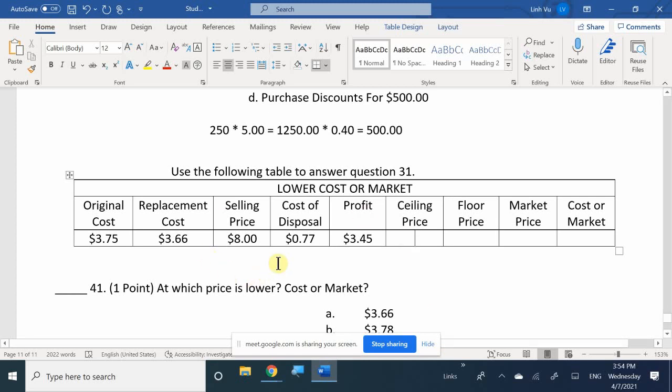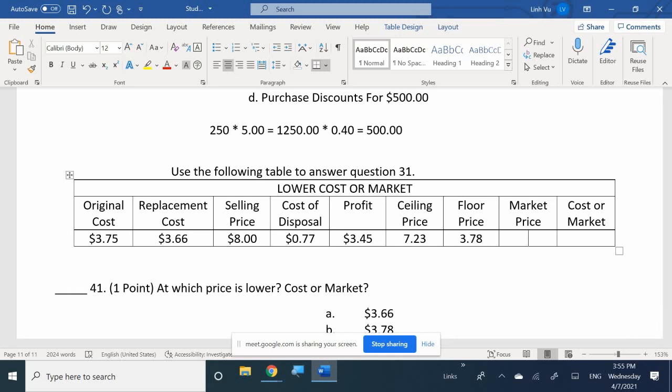Take the selling price and subtract the disposal, which gives me a grand total of $7.23. What's my floor going to be? $3.78. So you took the 723, subtracted the 345, and got $3.78.